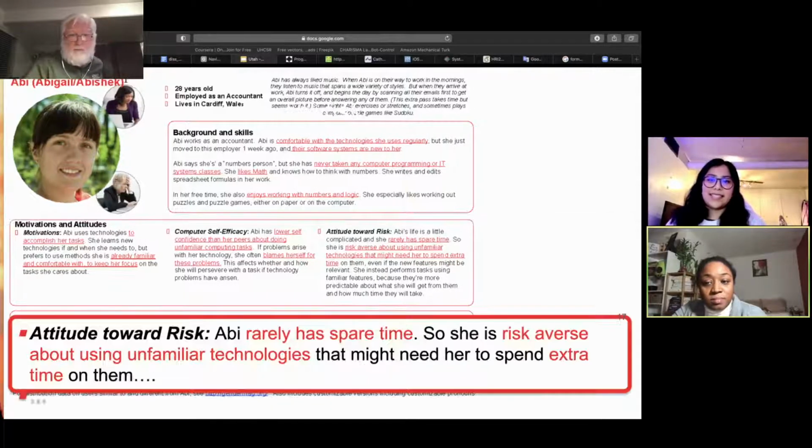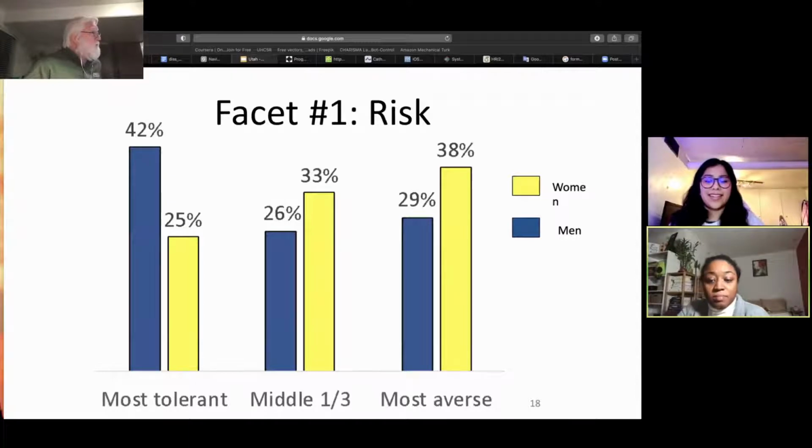Next, please. So we're going to take a look at this particular facet, the attitude towards risk. And again, just to reiterate, Abby's attitude towards risk is that Abby rarely has spare time, so she's risk averse about using unfamiliar technologies that might need her to spend extra time on them. So let's take a look at some of the data behind that.